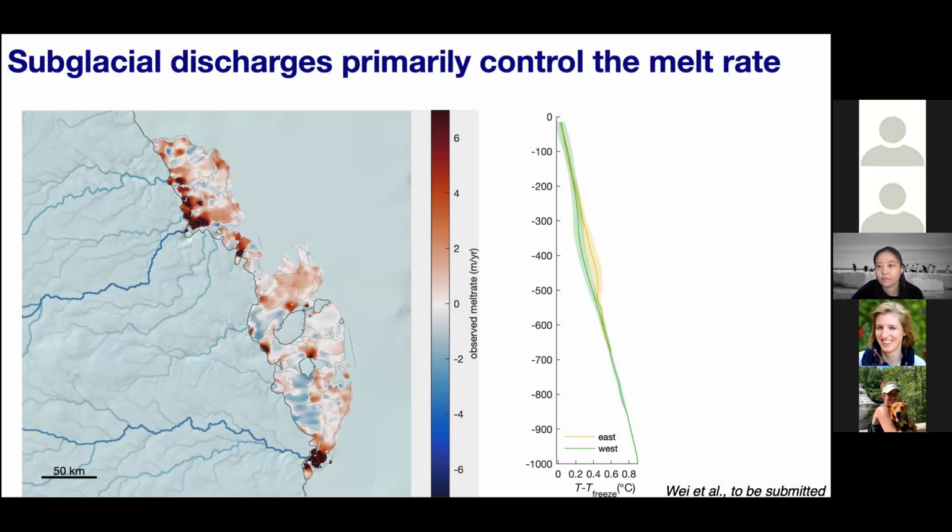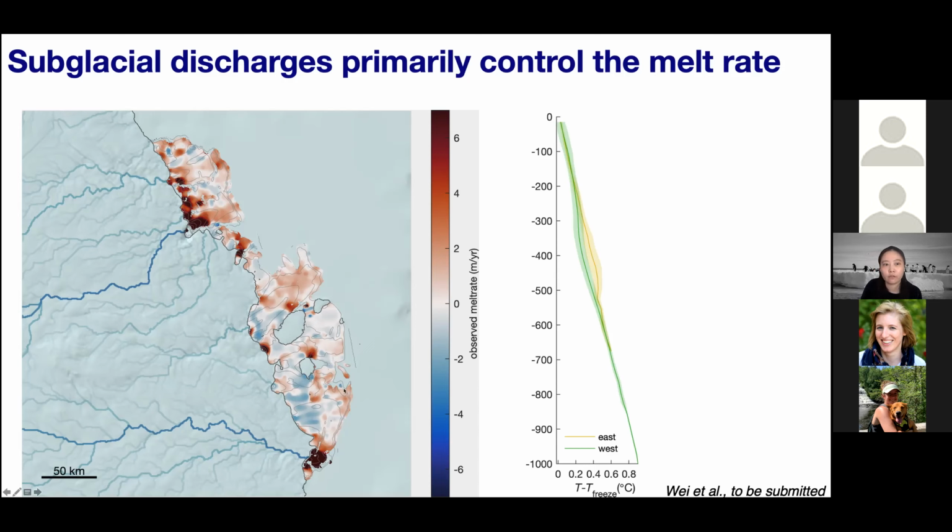I'm just curious, it seems kind of high in some places if it's referencing freeze-on. Is that what it's indicating? Yeah, and also from the radargram, which I don't have here today, it shows that over these islands we don't see the bottom of the ice, whereas for the Getz region from the old radargrams I can see the bottom.